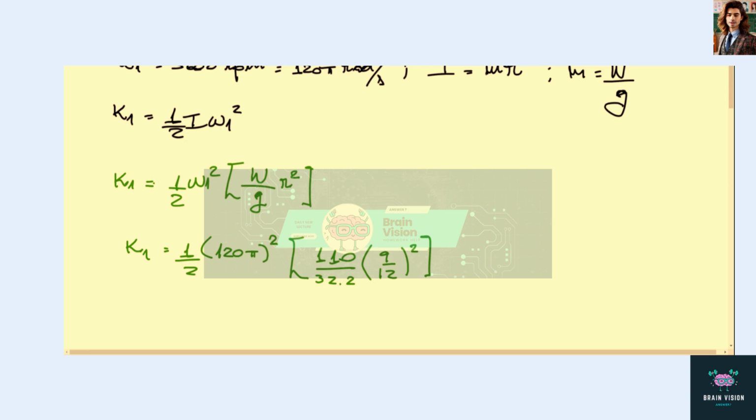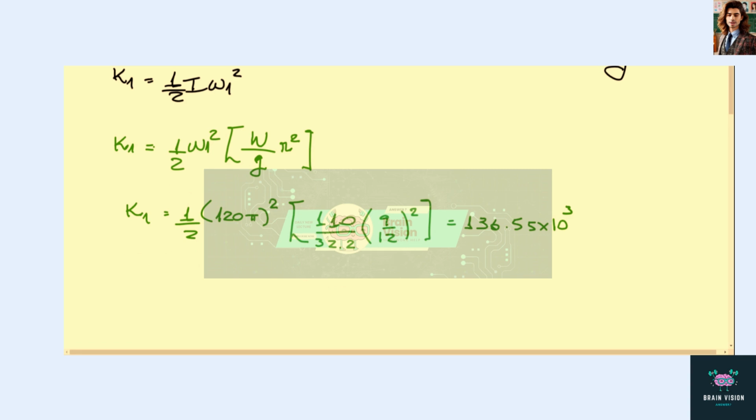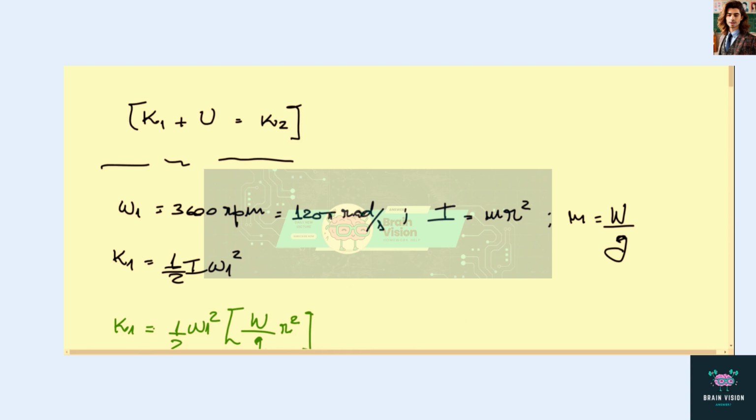Okay, so if we calculate all this, we will find that the kinetic energy is going to be equal to 136.55 times 10 to the 3 foot-pounds.